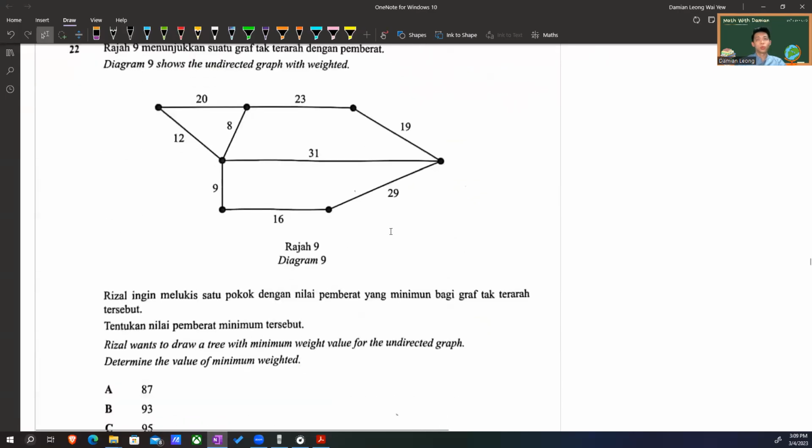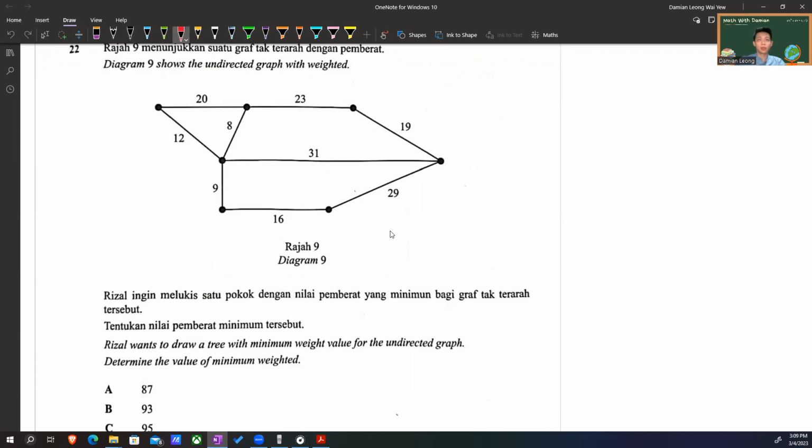Question 22. Undirected graph, weighted. So the question wants to draw a tree with minimum weight value for the undirected graph. Determine the value of the minimum weight. I'm assuming that I need to use all the vertices.